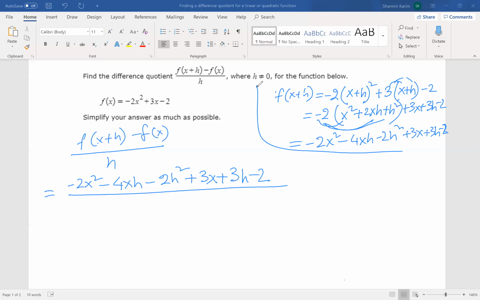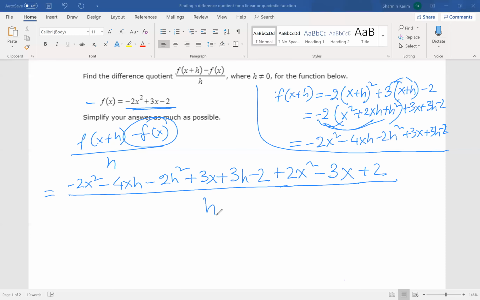And then I have minus f of x. So if I do minus f of x, all these signs will change. So we will have plus 2x squared, and we have minus 3x, then plus 2. So that's the numerator. And in the denominator, we have an h.